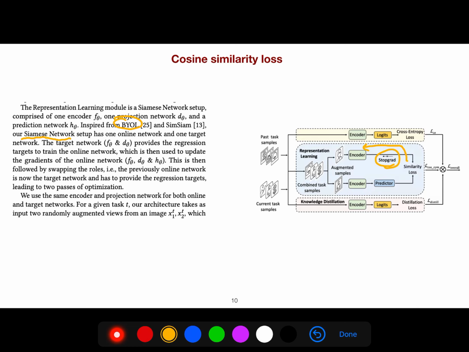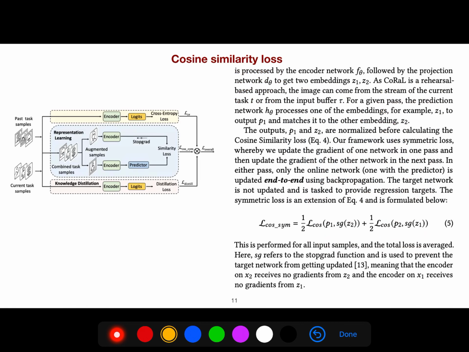We just use a combination of the old and new weights in order to update the weights of the models. We use the same encoder and projection network for both online and target networks.